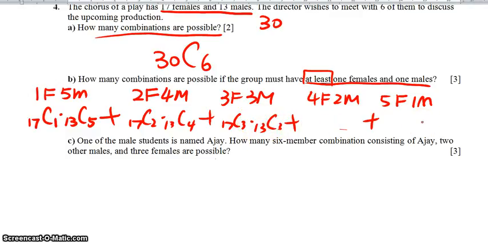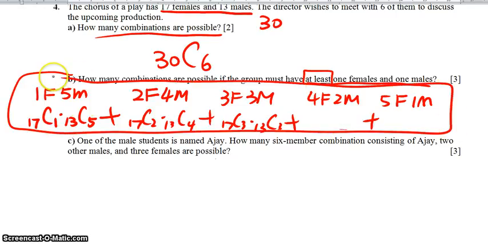Is there another way to do it? Yes, there's another way which is shorter. These are all the cases. What's the complement? What's the opposite of this? Here you have at least one female and one male. The opposite of that is you have either all female or all male. Any other combination will fall between.